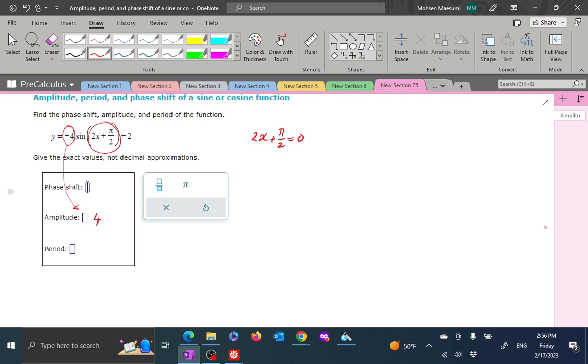To avoid any issues with whether it should be plus or minus, here is my recommendation: just set the argument equal to 0 and solve it. Phase shift is minus pi over 4, period is 2 pi divided by this acceleration factor, so 2 pi over 2 is going to be pi. Midline, how much you take the function up or down, is minus 2, that is this number.